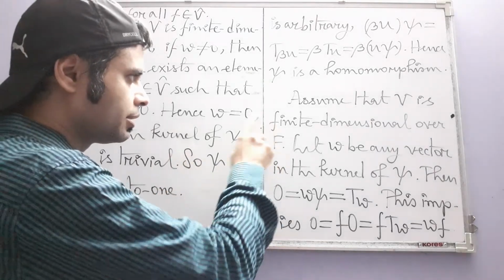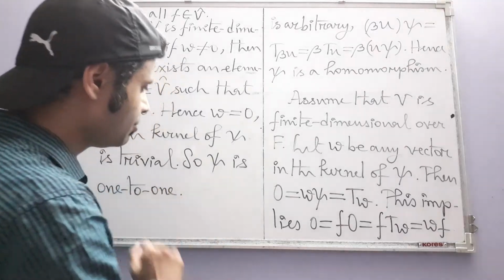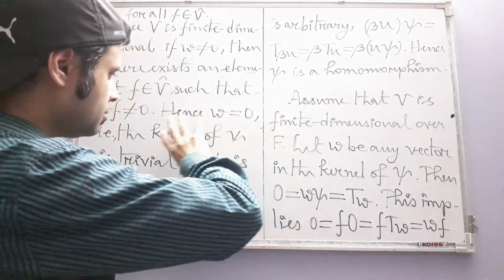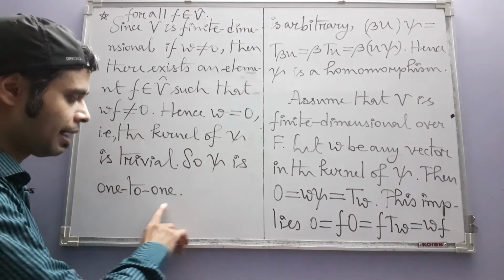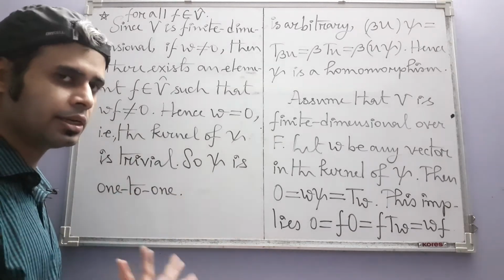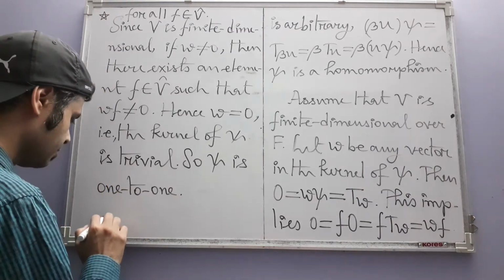It does not depend on the finite dimensionality of V. So even if you do not assume this, you can still reach this stage. But after that you cannot go. You will need finite dimensionality. So let's just mention that here also.